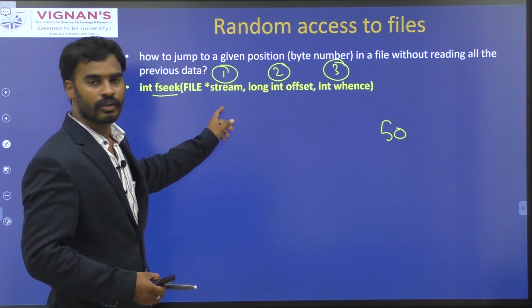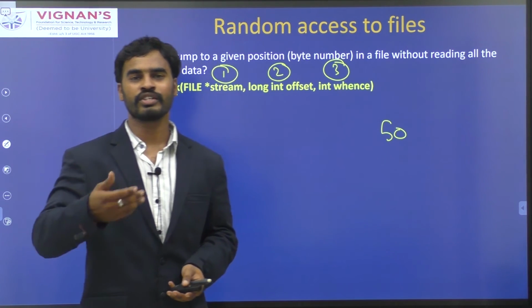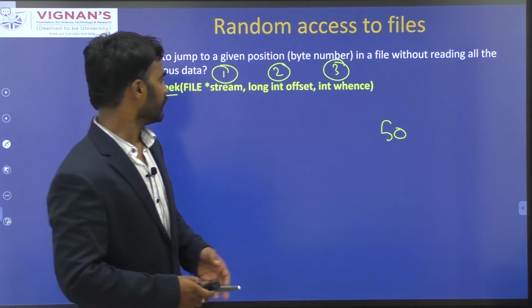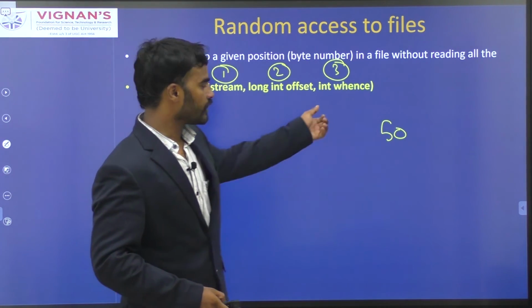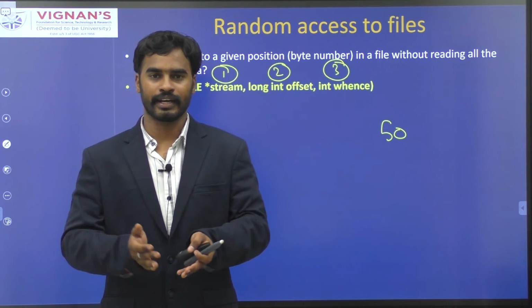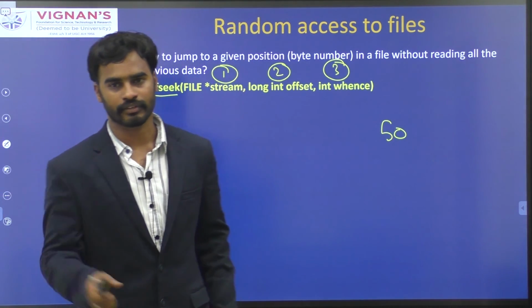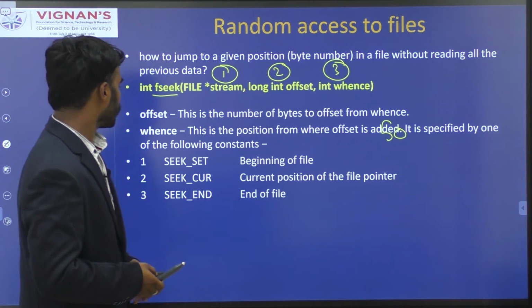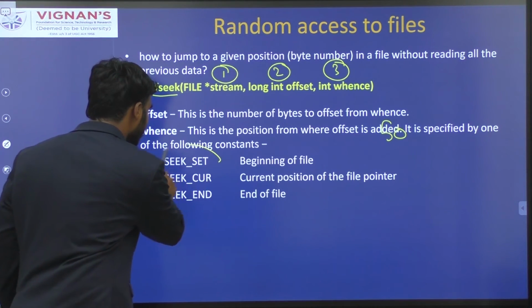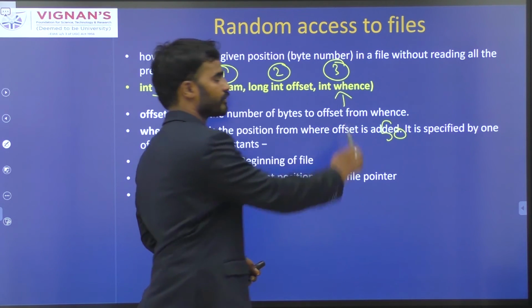The first parameter is the file pointer. The second is how many positions you would like to jump or skip. The third specifies whether you would like to jump from the current position, the beginning of the file, or the end of the file. You have to give one of three constants in place of the third parameter.